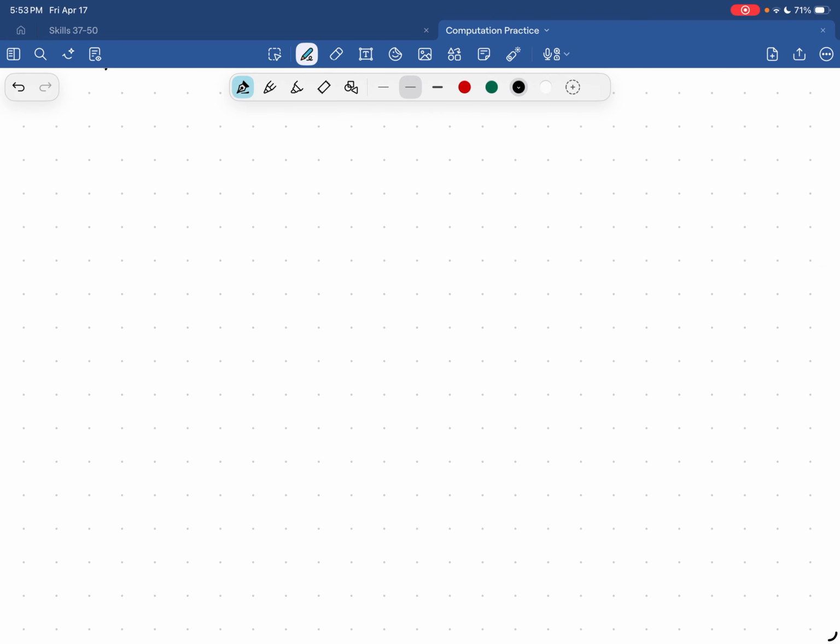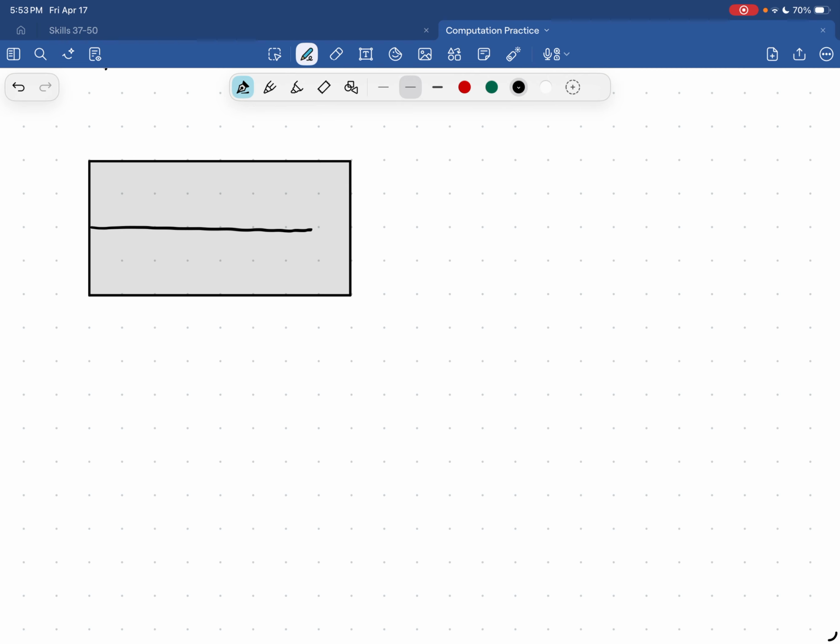In this one, I want you to draw a rectangle. It does not have to be perfect. In fact, mine is not. Just sketch something that looks similar to this. Okay, draw a line down the middle, going this way.